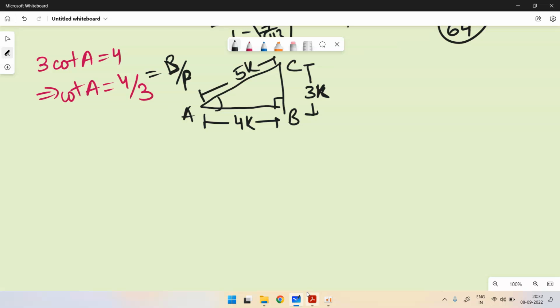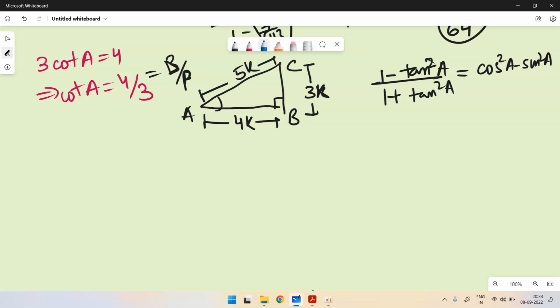So what you need to find is (1 minus tan square A) by (1 plus tan square A). We need to prove that this is equal to cos square A minus sin square A. This can be easily proved, but let me first explain how to calculate.